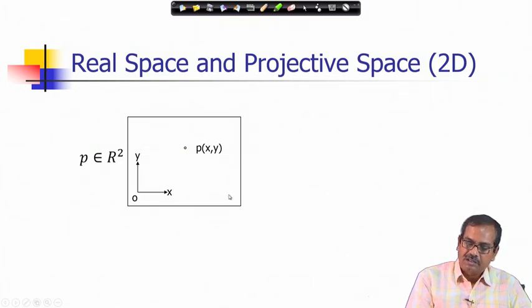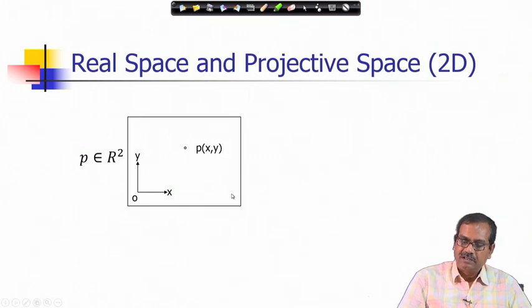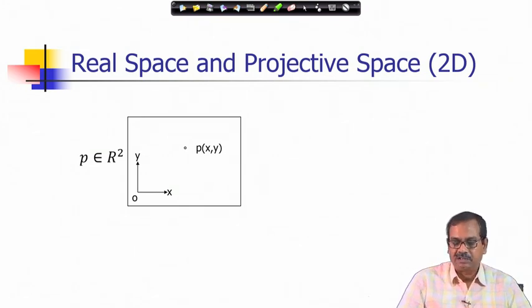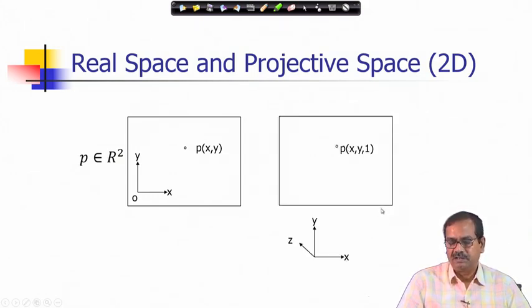Now, when we consider a projective space, once again in two dimensions, implicitly there is a three-dimensional space behind that definition. It's like an image. When you look at an image, all the points are in a two-dimensional plane, but finally those points are related to three-dimensional points in the scene.